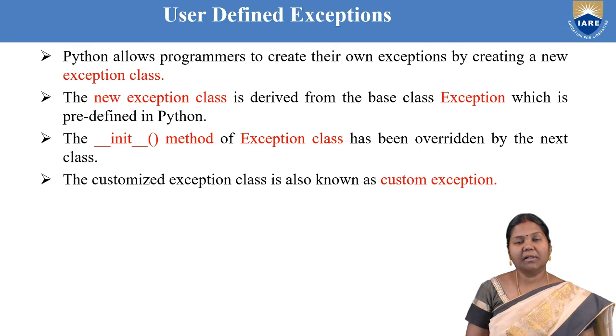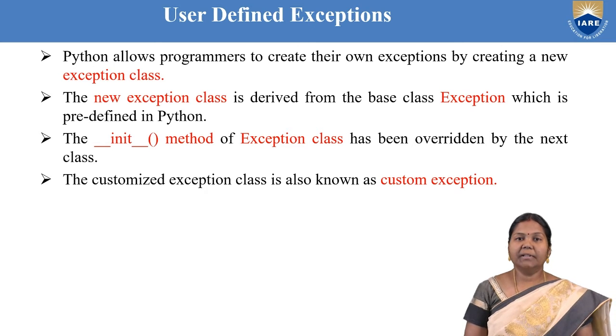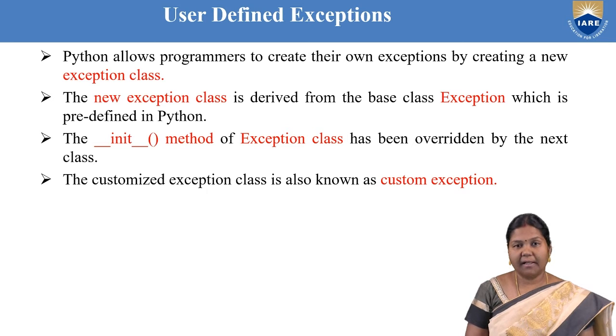So, if you want to create your own exception class, it must be derived from the Exception base class, which is already built into Python. The __init__ method of the Exception class is overridden by the derived class. The customized exception is also known as the custom exception concept in Python.